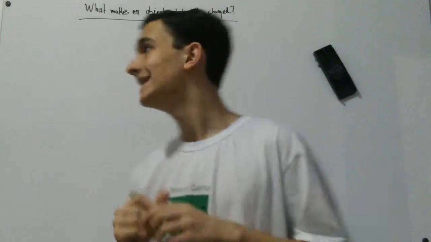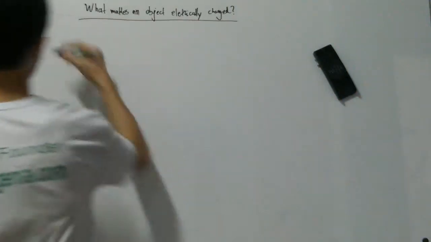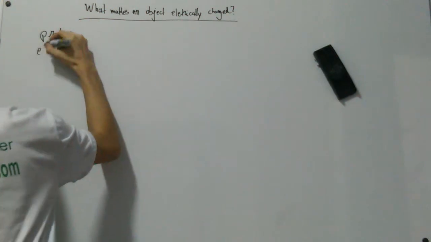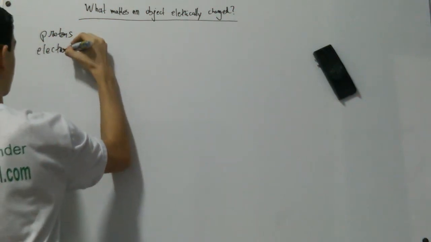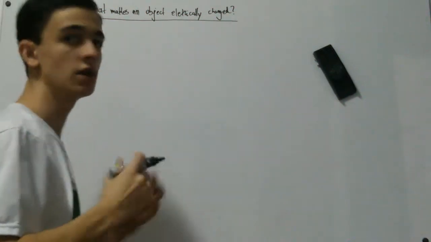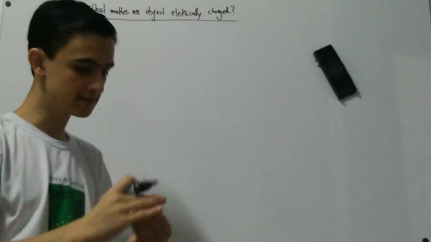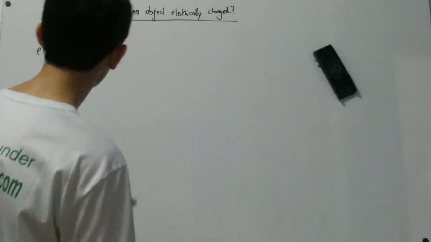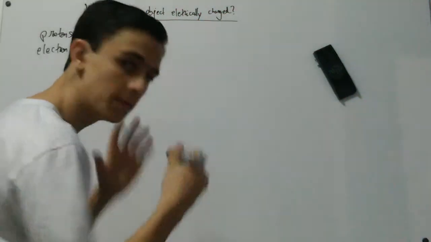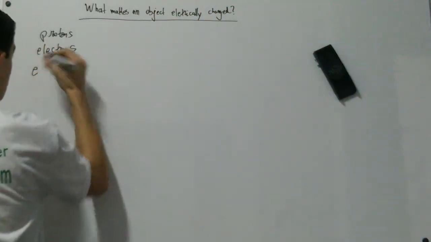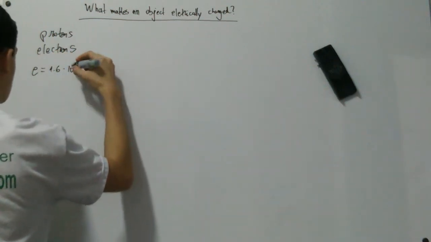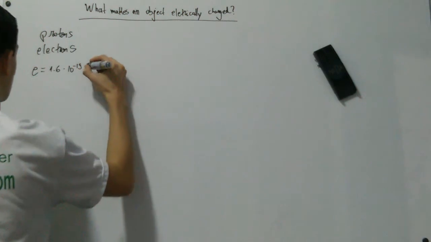We saw in the previous video that protons and electrons have a charge, an inherent charge. It's from their nature, it's intrinsic to them. And we saw that there is the fundamental charge, that is E, and E is equal to 1.6 times 10 to the power of negative 19 coulomb.